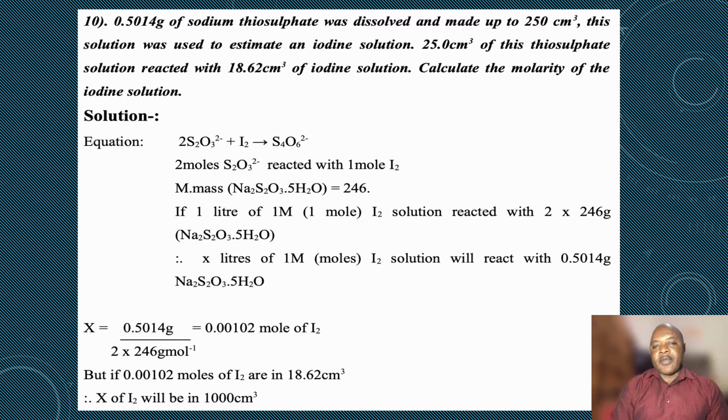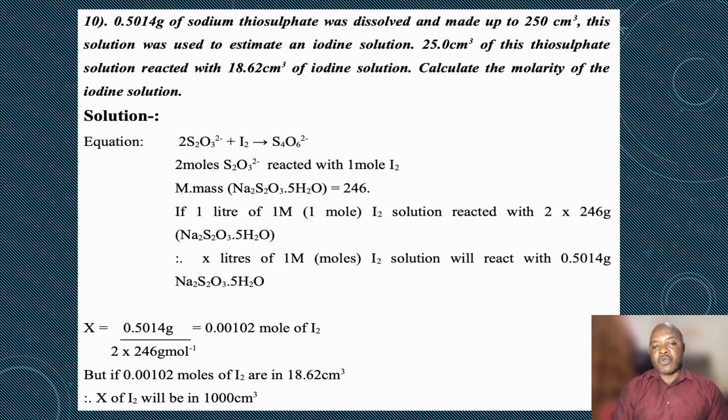And then we will say if 1 mole of iodine solution reacted with 2 times 246 of hydrated sodium thiosulfate, then how many moles of the iodine will react with that?